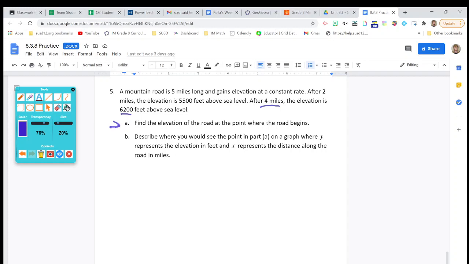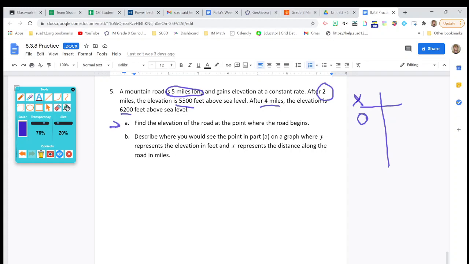Okay, well, I'm pretty good at math, but even I need to make a table and organize my information. The mountain road is 5 miles long. It gains elevation at a constant rate. After 2 miles, the elevation is 5,500 feet above sea level. Hold on. I'm going to call X the distance on the road. So it starts at 0 miles because it's 5 miles long.